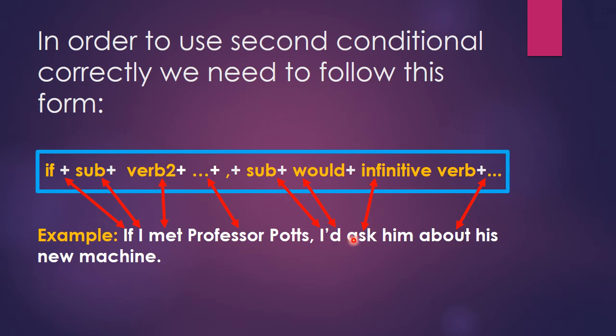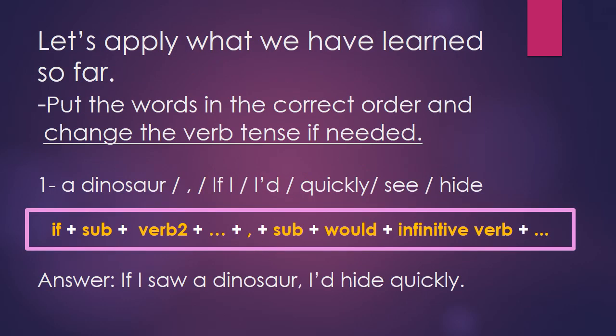Then we have the infinitive verb, which is ask, and to remind you, an infinitive verb is a verb with no additions to it. Then comes the rest of the sentence, him about his new machine. So we need to memorize this form to write and to use second conditional correctly.